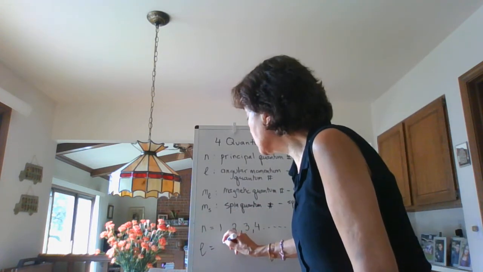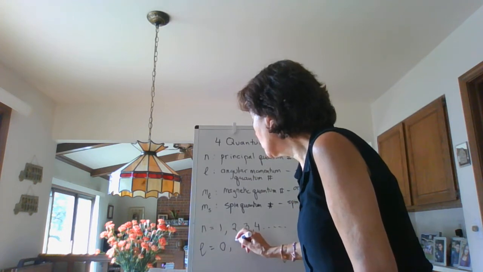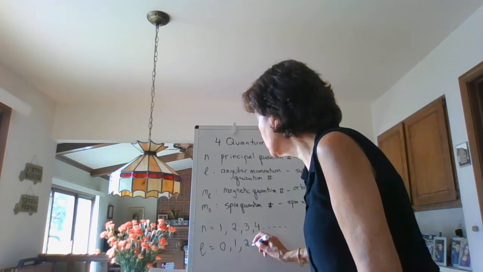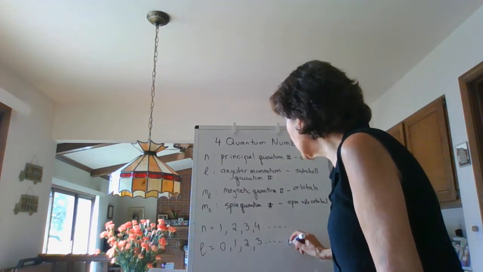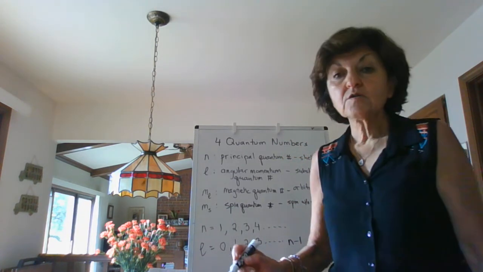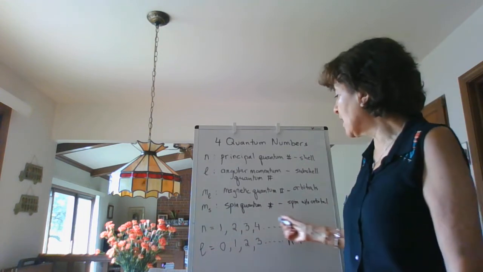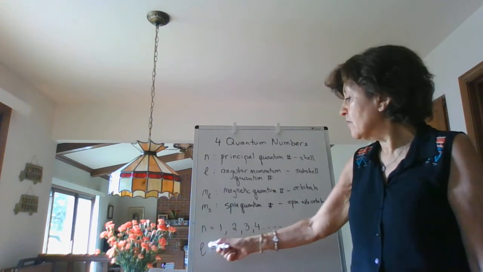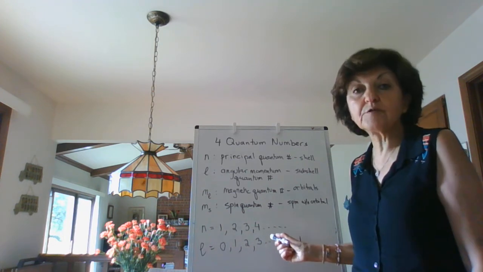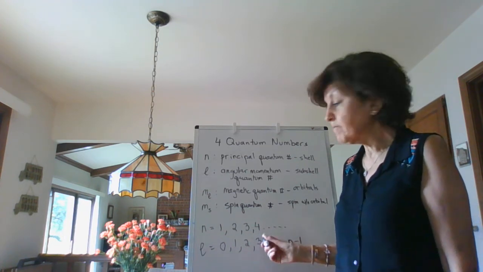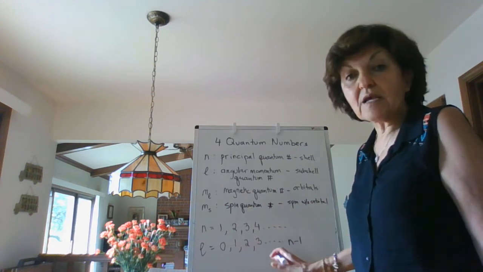L could be 0, 1, 2, 3, all the way to N minus 1. So if your N value is 7, the L value could be 0, 1, 2, 3, and all the way up to 6. Okay?